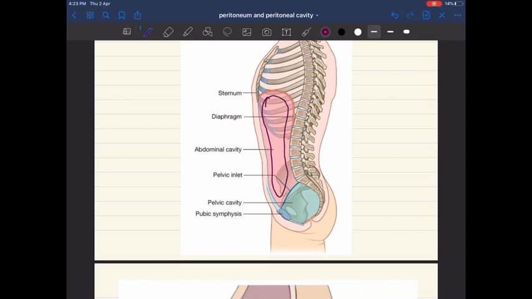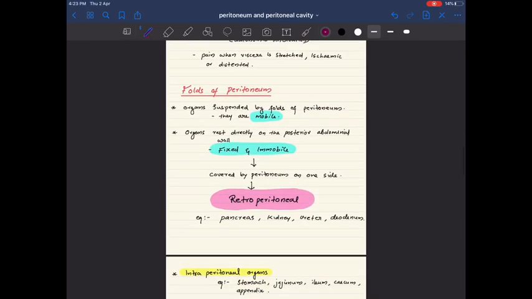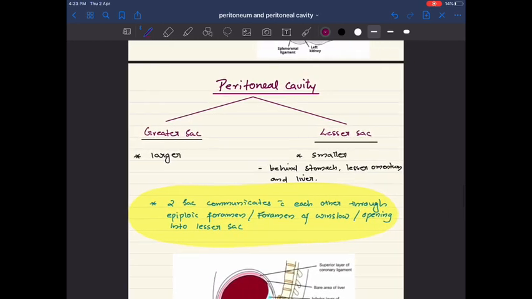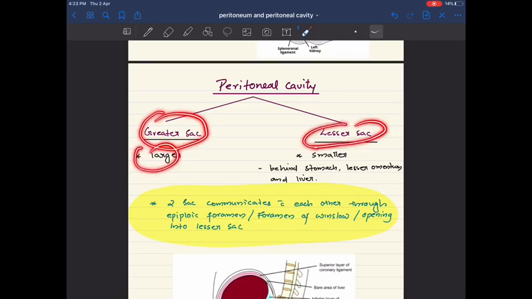We have divided this peritoneal cavity into two. Okay, one is lesser sac, the other one is greater sac. We'll discuss detail here. So peritoneal cavity is divided into two. One is greater sac, which is larger, the other one is lesser sac, which is smaller.